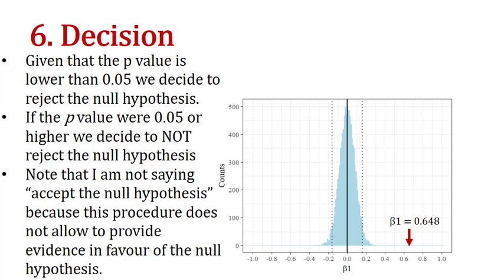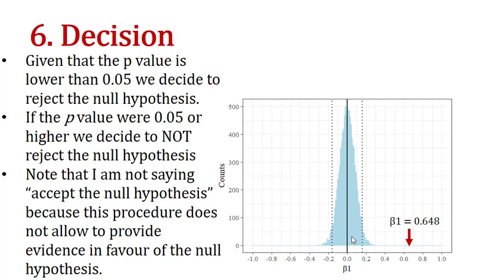So basically we decide that this value we obtained cannot possibly come from a population in which the null hypothesis is true, so a population in which beta 1 is actually 0. So in this case we reject. Now what happens if the p-value is 0.5 or higher? What happens if the beta 1 we obtain in our sample, instead of being here, is around there?